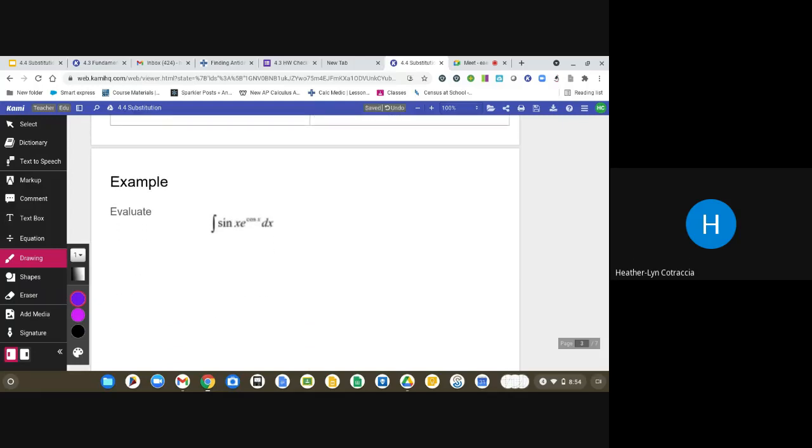So here's your first example. You've got sine x e to the cosine x dx. Now, if we were looking at this from a derivative standpoint, you would say, oh, well, we have a product rule with a chain rule, but we don't have that here. You could try to just play some guess and check games.